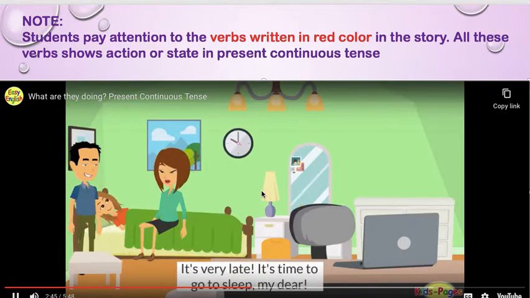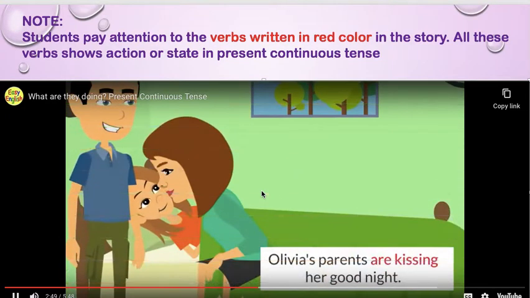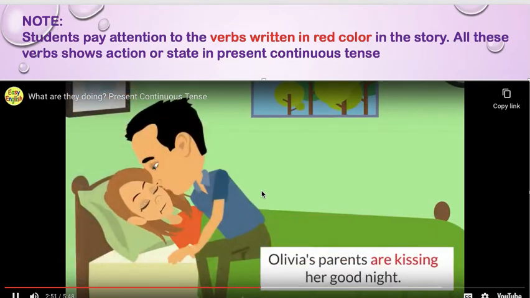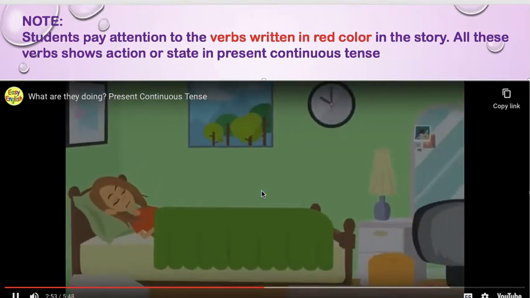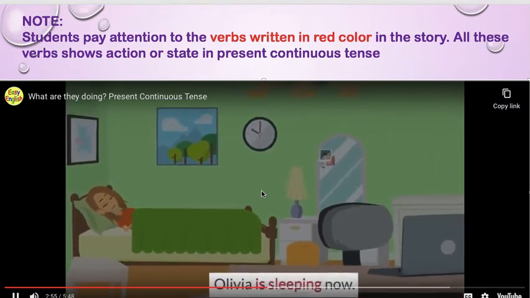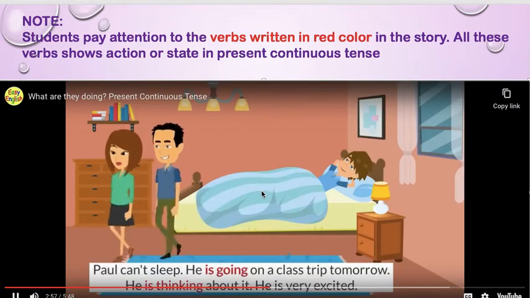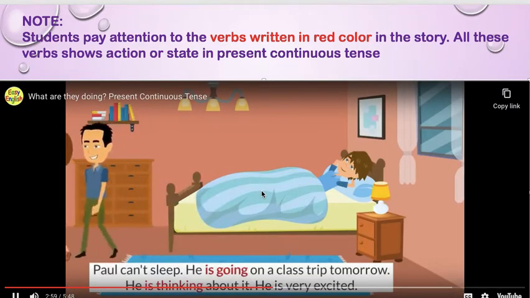It's very late. It's time to go to sleep, my dear. Olivia's parents are kissing her goodnight. Olivia is sleeping now. Paul can't sleep. He is going on a class trip tomorrow. He is thinking about it. He is very excited.